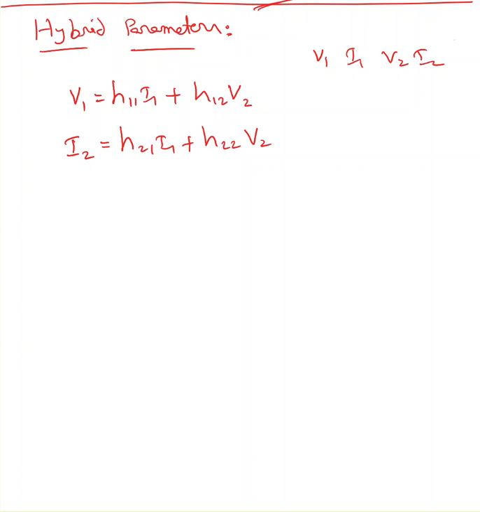Based on this you can clearly see h11 equals v1 over i1 when v2 equals 0. Whenever you are saying v2 equals 0, that's a short circuit. So this is called short circuit input impedance.